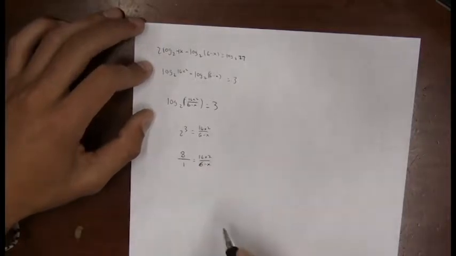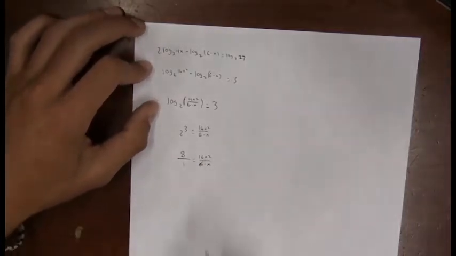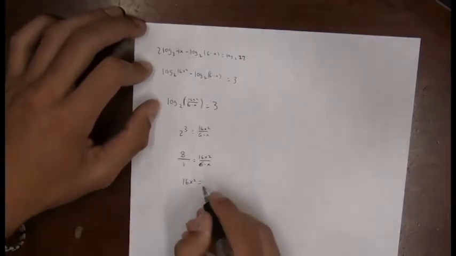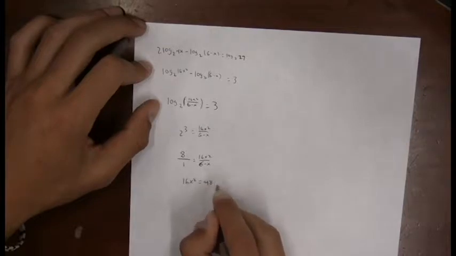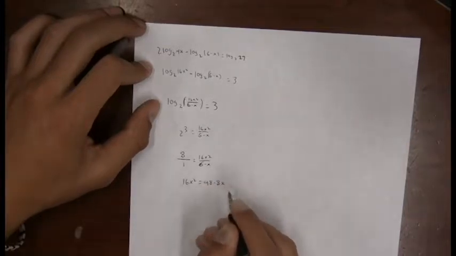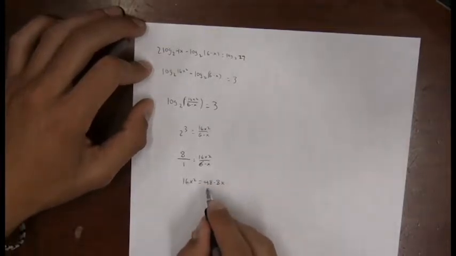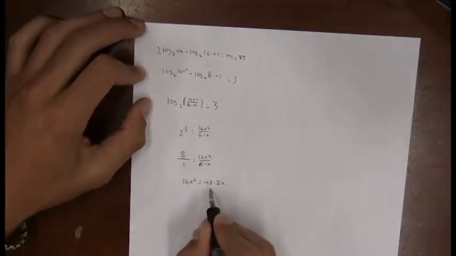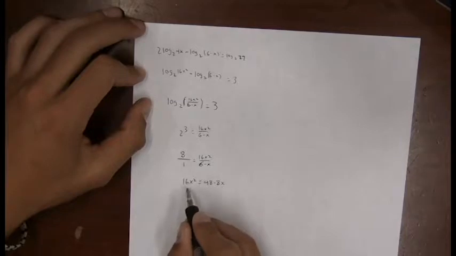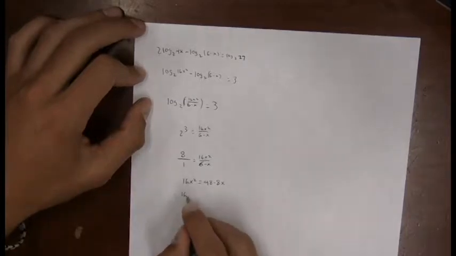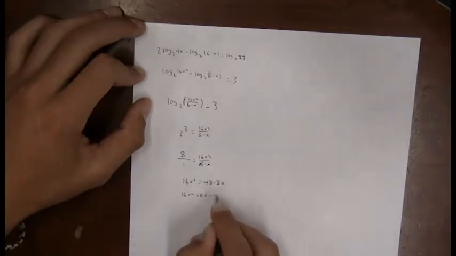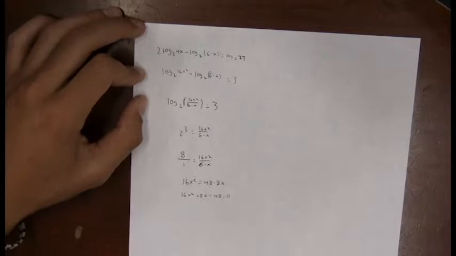Now we have a simple butterfly multiplication problem where we end up with 16x squared equals 48 minus 8x. And then since 16x squared is over here, we will move everything from this side over here so we don't have a negative 16x squared, and then it'll look like this: 16x squared plus 8x minus 48 equals 0.